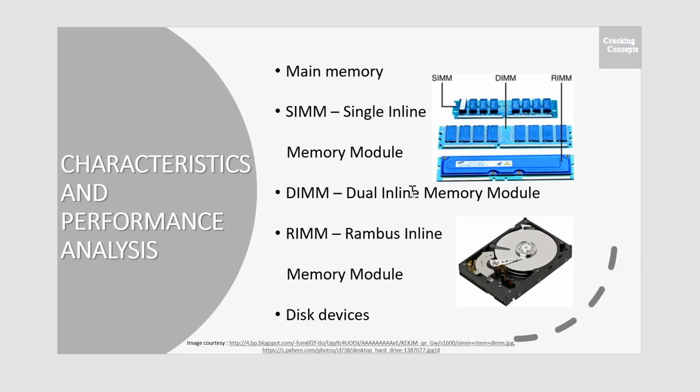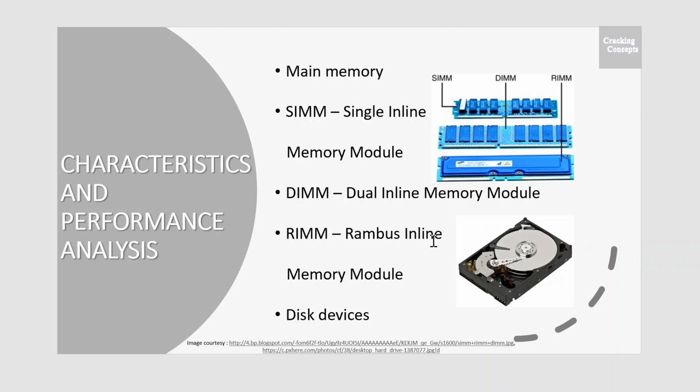DIMM or dual inline memory module comprises a series of DRAM ICs. While contacts on SIMM on both sides are redundant, DIMM have separate electrical contacts on each side of the module. Standard SIMMs have a 32-bit data path, whereas standard DIMMs have a 64-bit data path.